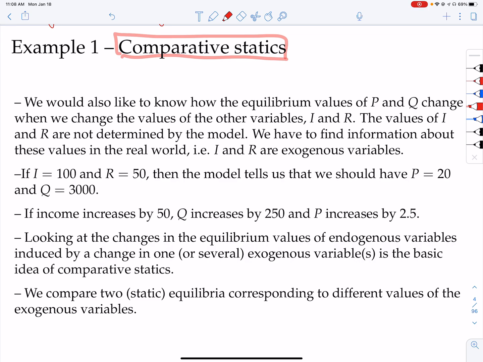And when it changes, how does it affect the interest rate? That's comparative statics. As a policymaker, you can change certain things, and as a result of the change in these policy variables, what happens to the economy?